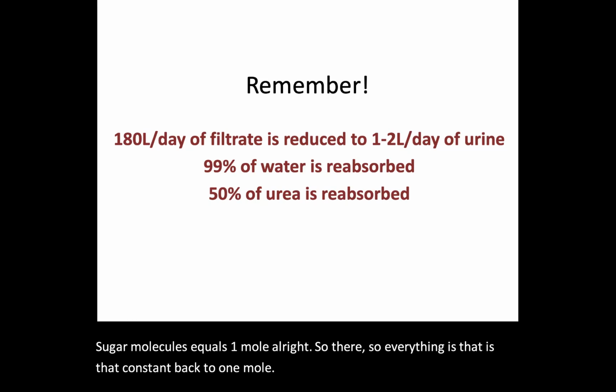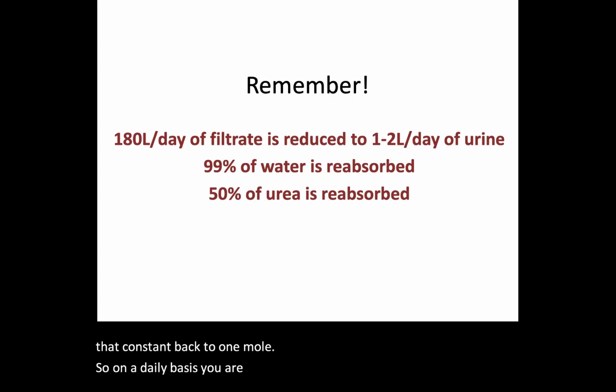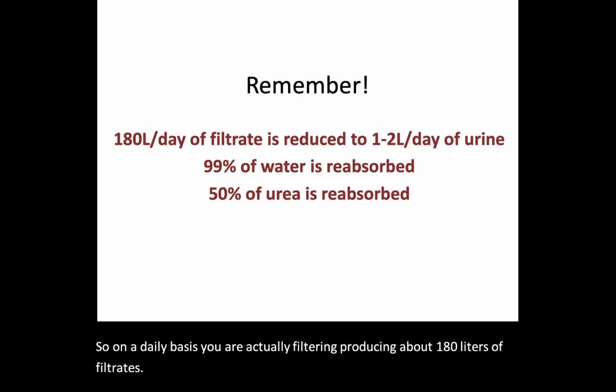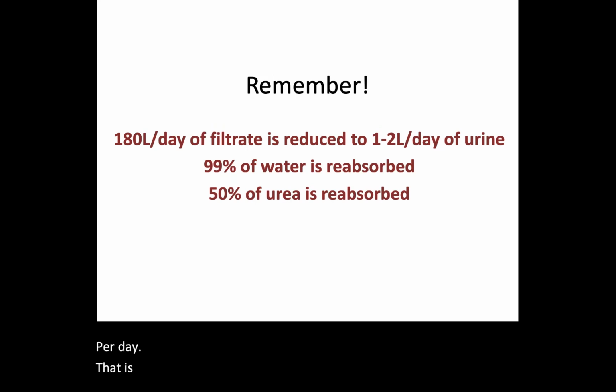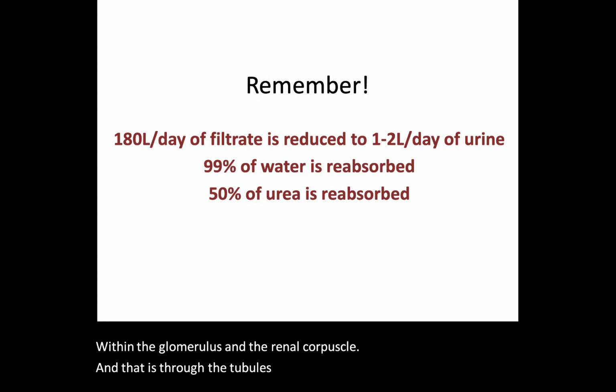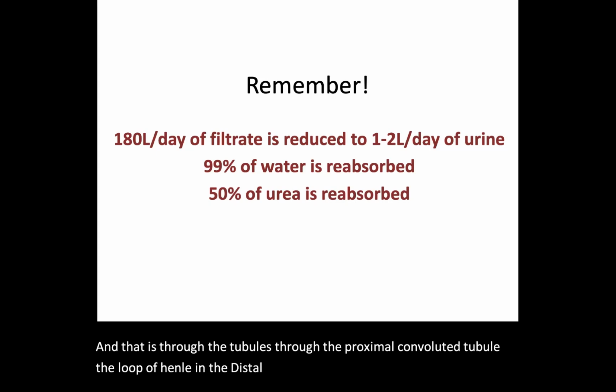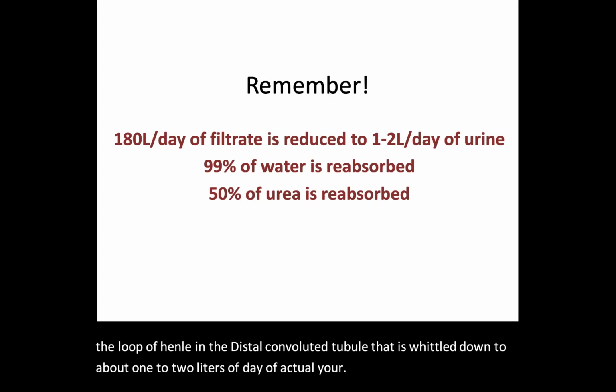So on a daily basis, you are actually filtering, producing about 180 liters of filtrate per day. That is happening within the glomerulus and the renal corpuscle, and that is through the tubules, through the proximal convoluted tubule, the loop of Henle, and the distal convoluted tubule, that is whittled down to about 1 to 2 liters a day of actual urine that is produced.